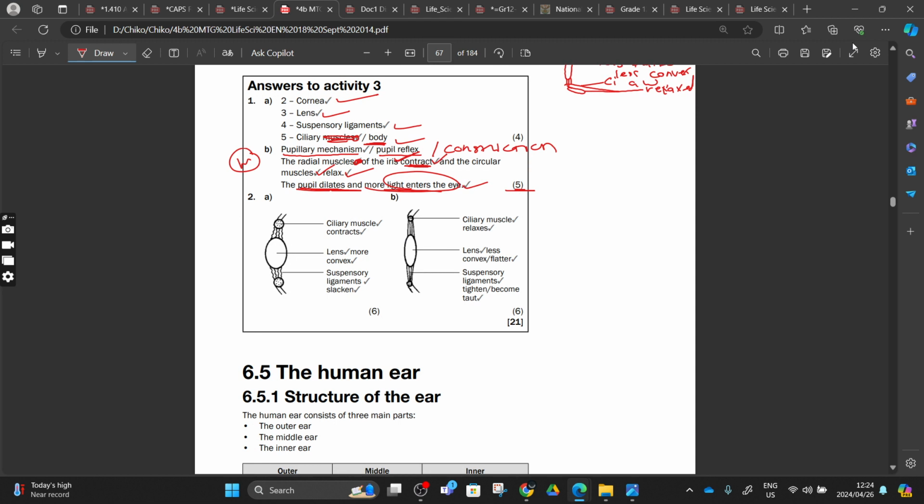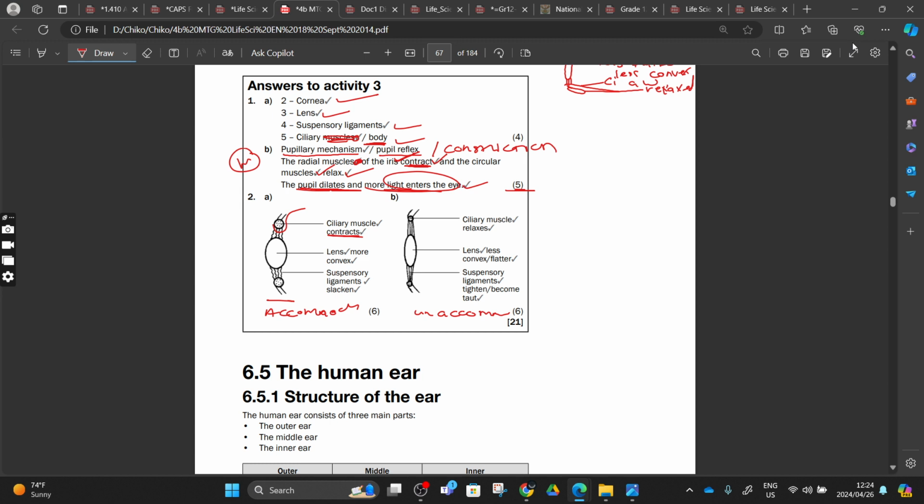So from there, we were drawing accommodation here, and here we were drawing non-accommodation. They said this one is not accommodation because it is not accommodating. Here, everything is relaxing, right? Here, you need energy, because your ciliary muscles have to contract.